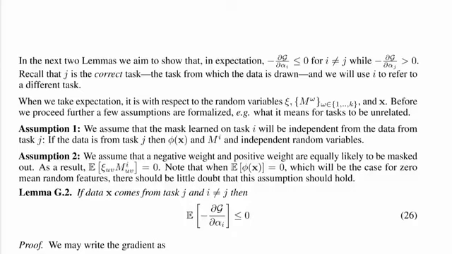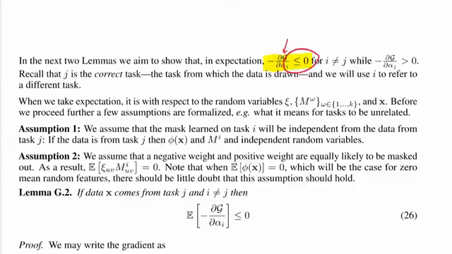Now we want to show that if we really do this, the gradient with respect to the alphas, then if we do it for a wrong task, for the task that is not the task of that particular data point that goes into computing G, then we'll get a value that's probably lower than 0.